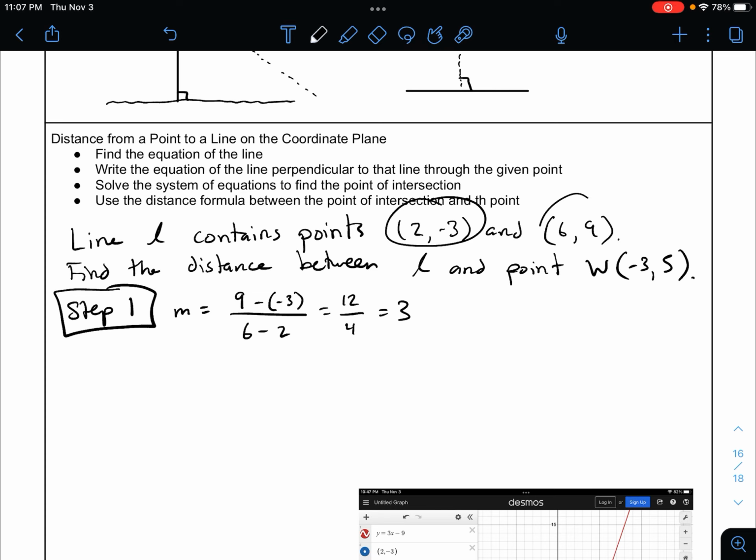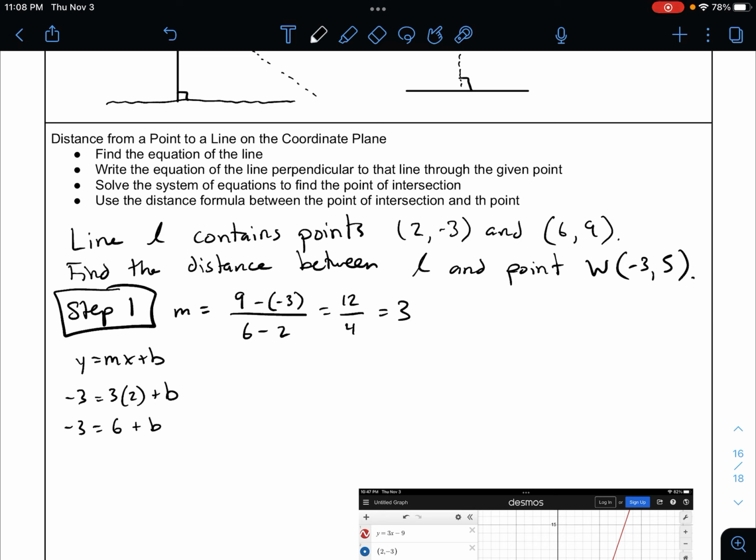And then I can take either of these points, right? They're both x and y coordinates. So I can use y equals mx plus b. Let's take the first point right here. I'm going to plug in a -3 for the y. We know the slope is +3, and the x value for that point is +2. We do not know the y-intercept yet, so we're going to find it. We've got -3 equals 6 plus b.